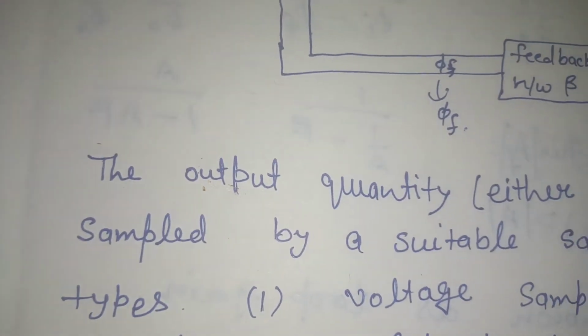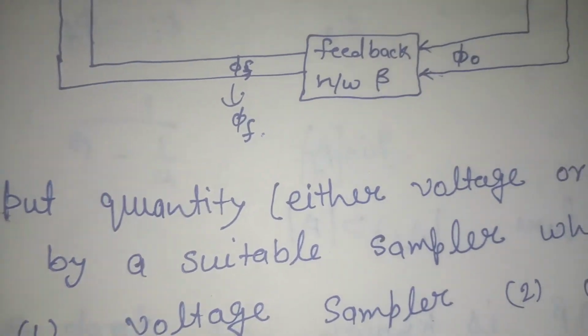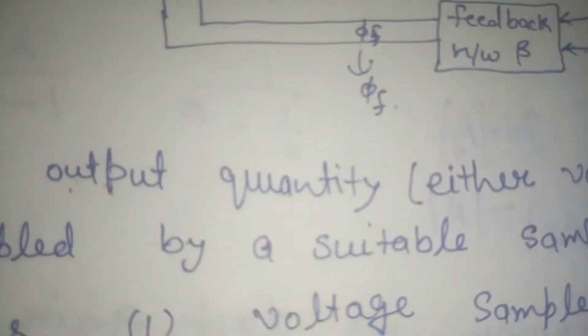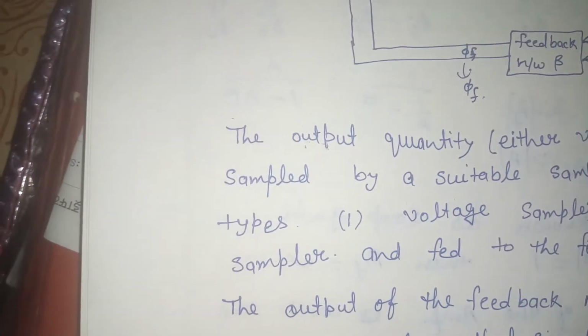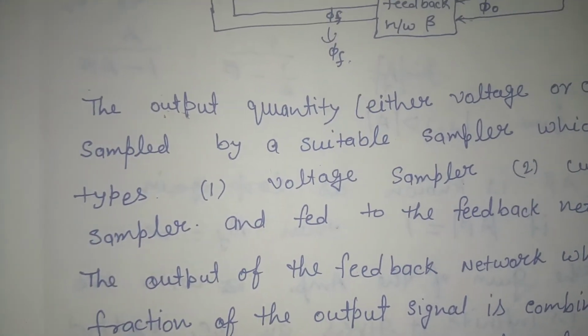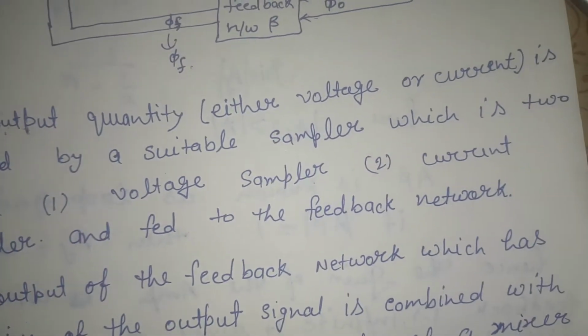Now the output quantity, either voltage or current, is sampled by a suitable sampler, which is of two types: either voltage sampler or current sampler, and fed to the feedback network.